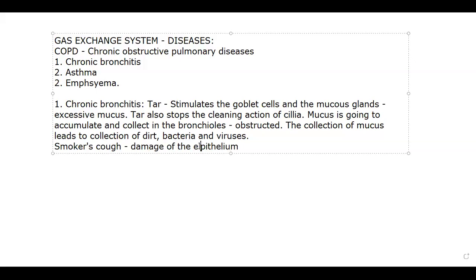So the epithelium is going to end up getting damaged. Whenever anything in the body gets damaged, what does our body do? It makes a scar. So that epithelium is going to be replaced by scar tissue.